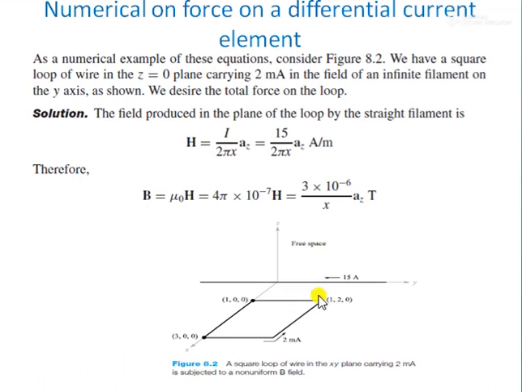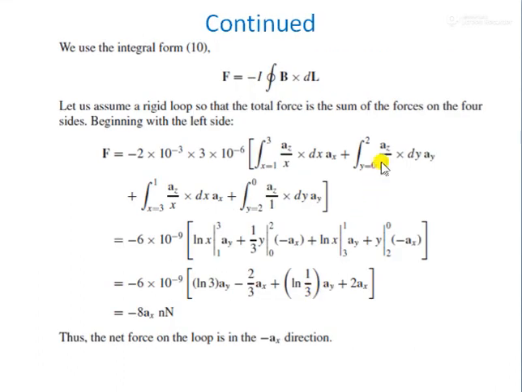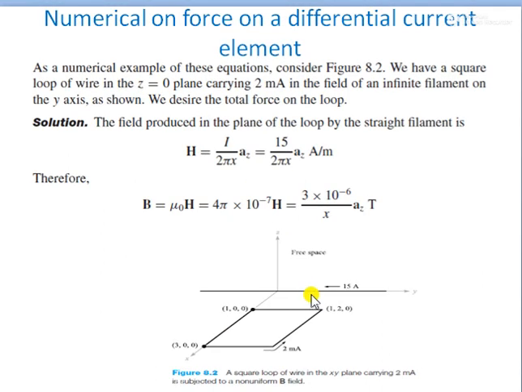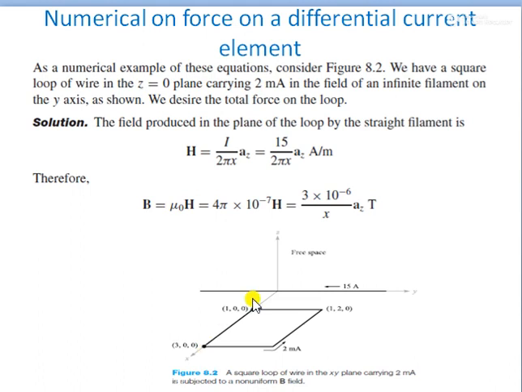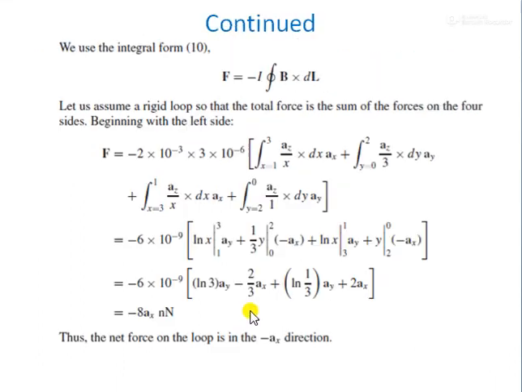For that it is az by 3 into dy ay. Now x is equal to 3 to 1, az by x cross dx ax.